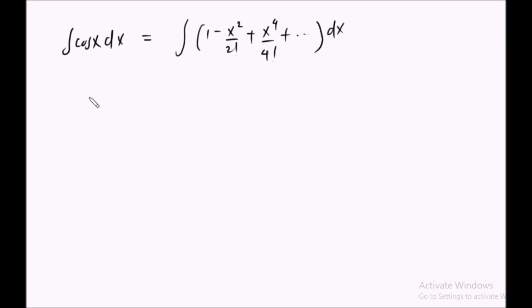So now I can write this like this. It will be equal to dx minus, we're going to have x squared over 2 factorial.